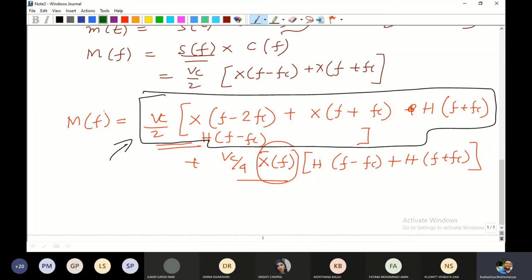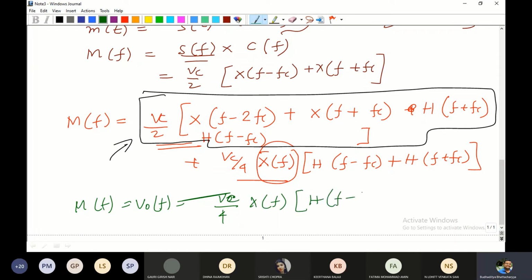So what we are left with is M(f), or V0(f) in this case, which will be equal to Vc/4 X(f) [H(f - fc) + H(f + fc)].